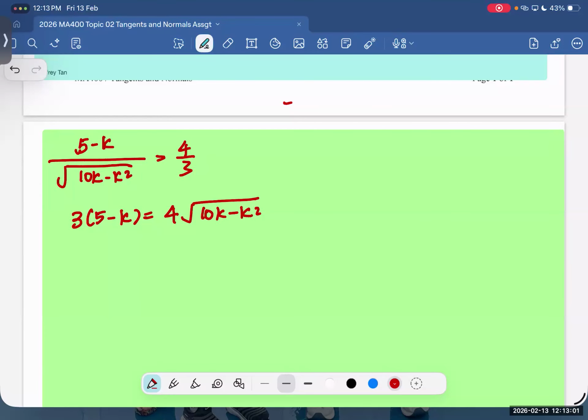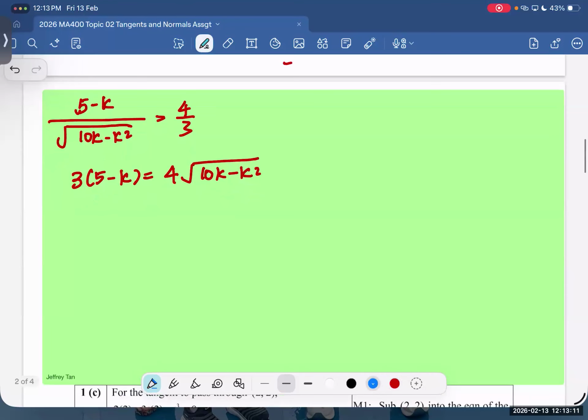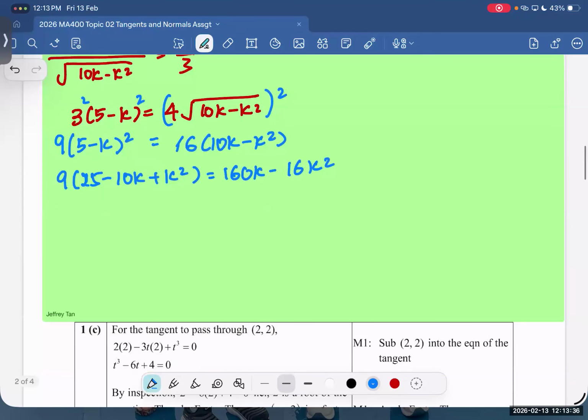I want the surd to be by itself. So if I do this, what's the next step? I square both sides. I have 9(5 minus k) squared equals 16(10k minus k squared). This is the same as 9(25 minus 10k plus k squared) equals 160k minus 16k squared.